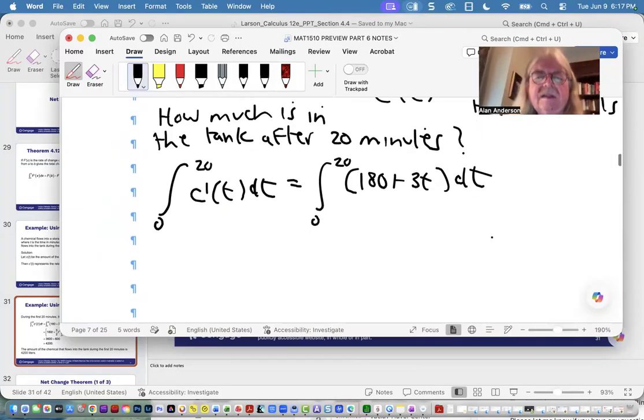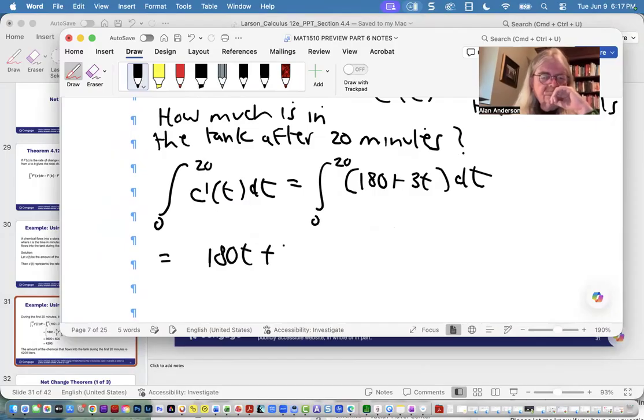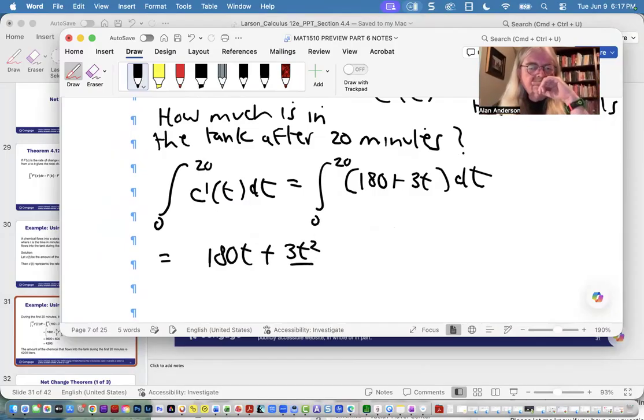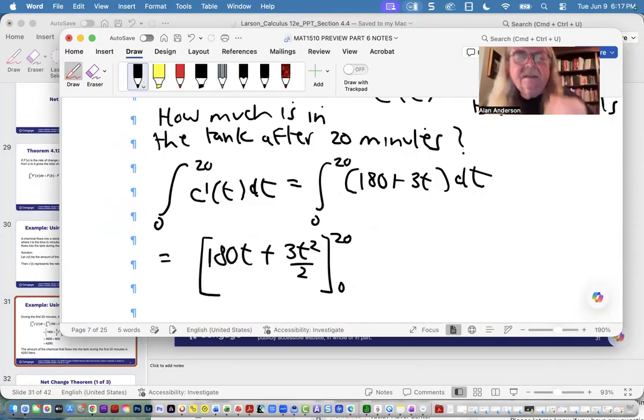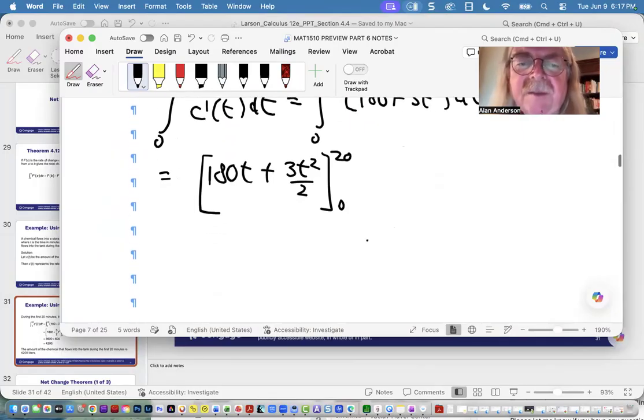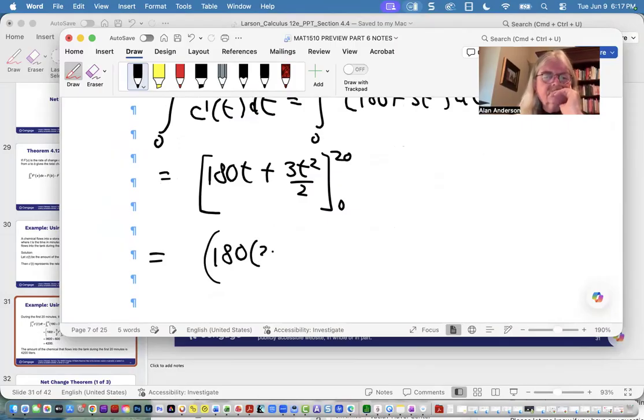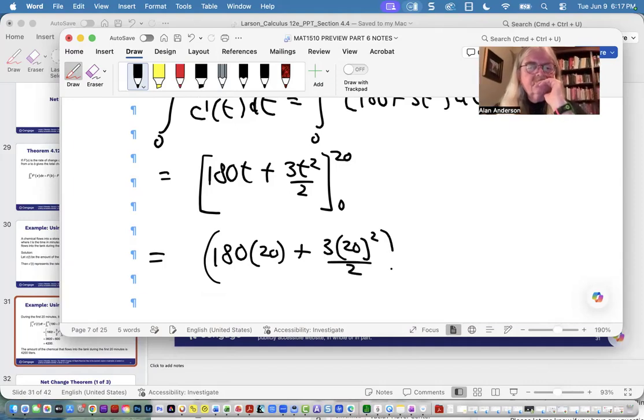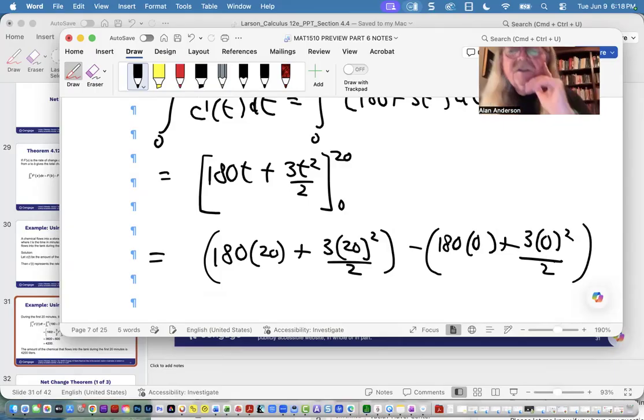Now, of course, we know how to do this. And then we just evaluate it. If you notice, when we evaluate at 0, all the terms will just drop out. So yeah, we don't have to worry about that.